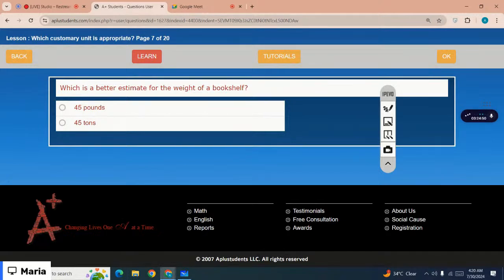The correct option is 45 pounds. 45 tons is too much for the bookshelf. Option number one is the correct option. Very good.